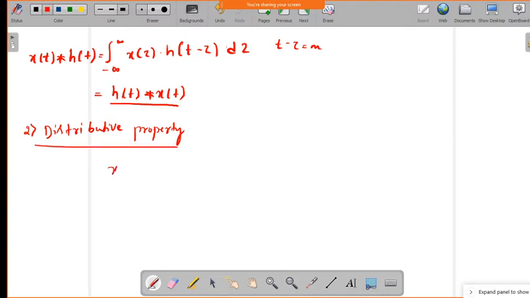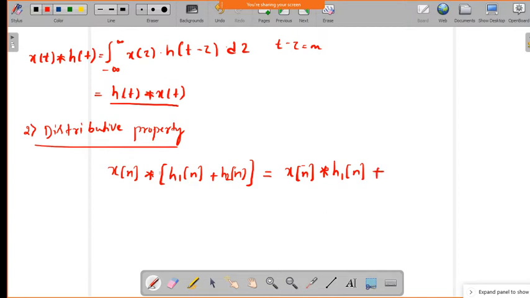If you convolve the input signal with two impulse responses added together, that is h1 of n plus h2 of n, then the output is the addition of the separate convolutions, that is x of n with h1 of n and x of n with h2 of n. So this is the distributive property.